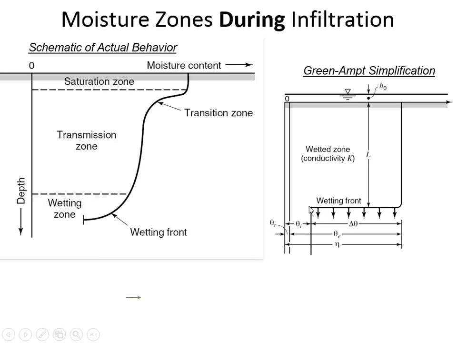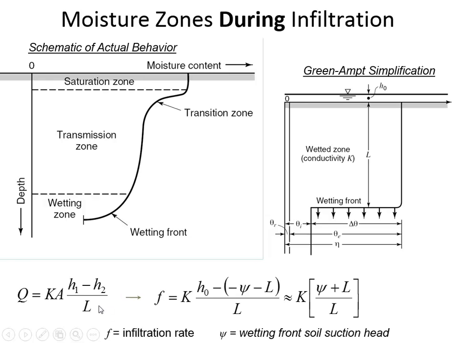It assumes that the storm instantly caused ponding at the surface. And so we use Darcy's law and change it into this Green-Ampt model for trying to predict the infiltration rate. So that's just a preview of what we'll be delving into in class on Tuesday.